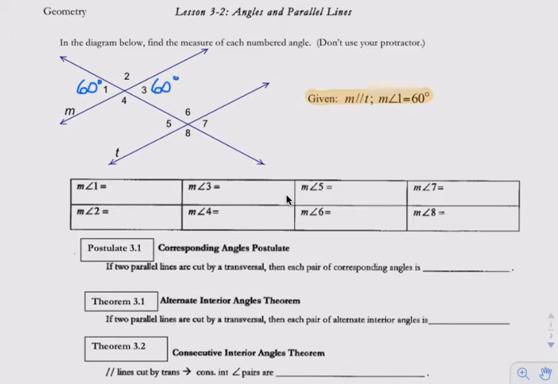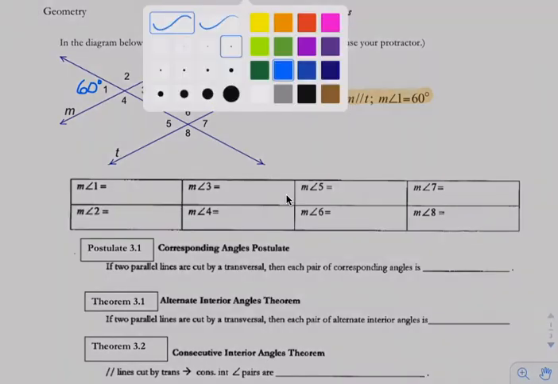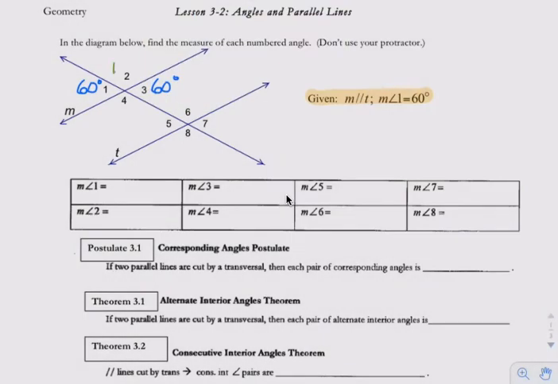And we know that linear pairs are supplementary, so that would force angle 2 to be 120, whether you're using that line or that line. And then also, again, vertical angles are congruent, and the linear pairs are supplementary, so either reason would make angle 4 120 degrees. Now, none of that relies on the lines being parallel.